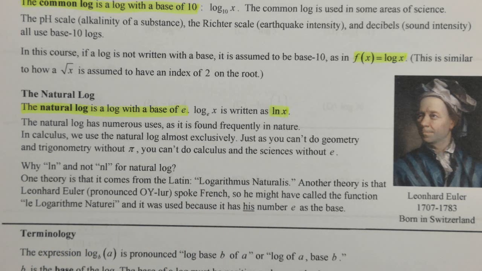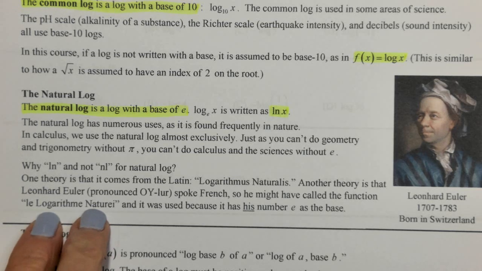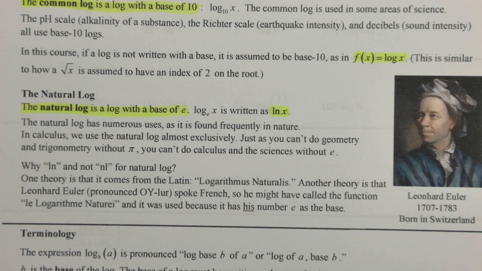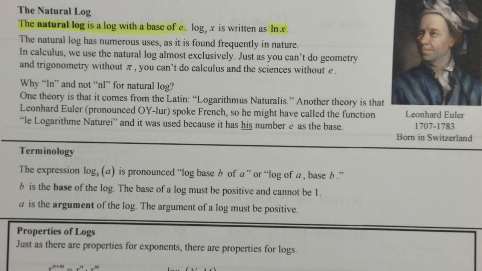Another theory is that Leonhard Euler, who spoke French and used the natural log a lot, in French would write it like that and pronounce it with an L before the N. And ln is based on e. It has base e. e is Euler's number. He created it. He found it. So if that is where we get ln from, it makes sense that we use what he used.